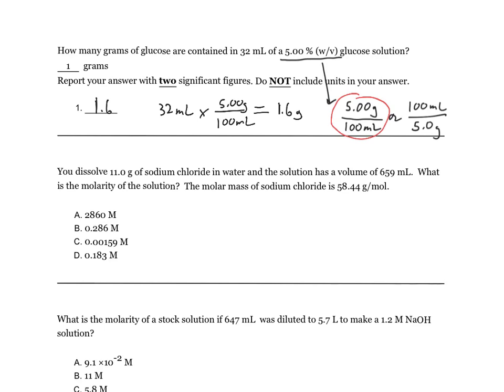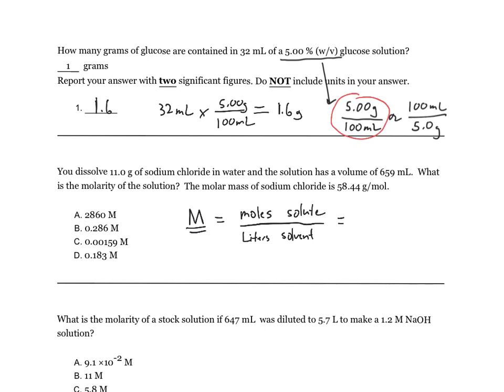Next question. You dissolve 11 grams of sodium chloride in water and the solution has a volume of 659 milliliters. What is the molarity of the solution? The molar mass of sodium chloride is 58.44 grams per mole. So the formula we need is molarity, big M, equals moles of solute divided by liters of solvent or solution.